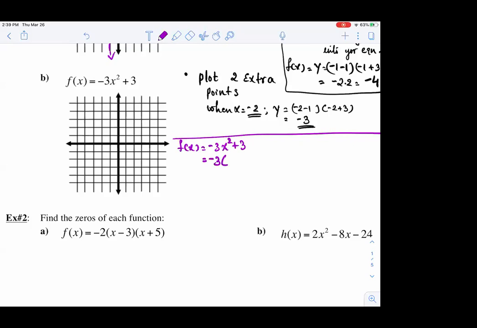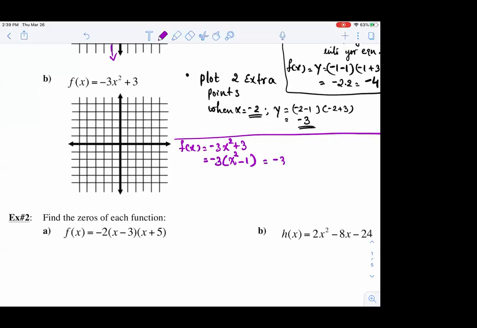Now you're going to divide everything by -3, so the first term is going to be simply x squared. And you're going to divide the second term by -3, so you get -1. Now this is easy to factorize. Does this look familiar to you guys? The thing inside these? Yeah, that's the difference of squares. Does it look like a squared minus b squared?